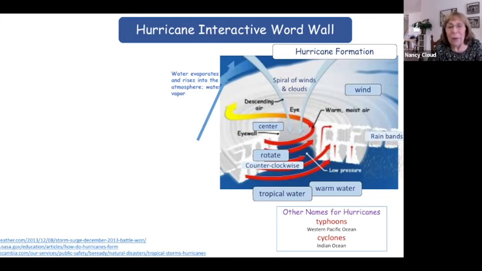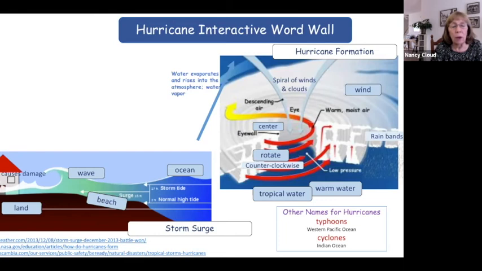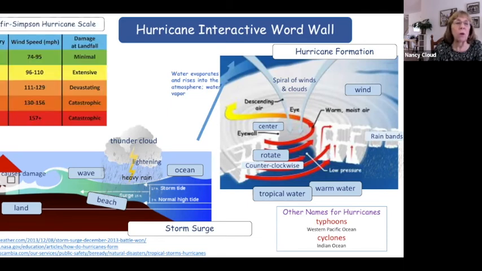And then I can also teach them about storm surges, add labels as I'm teaching about that, about the damage it causes to structures and the beach and land erosion, et cetera, et cetera. And I can talk about the type of storms and heavy rains and what produces that over the ocean. And then I can get into all of the different levels of destruction that happen and what each of these categories of storm means.